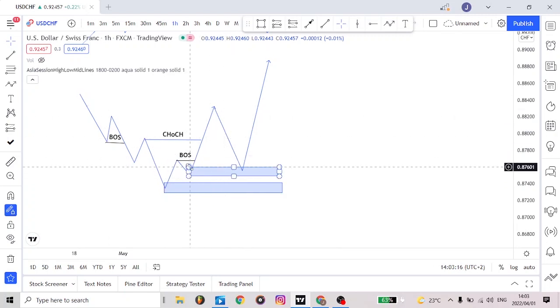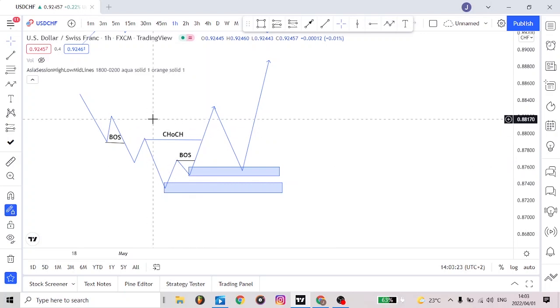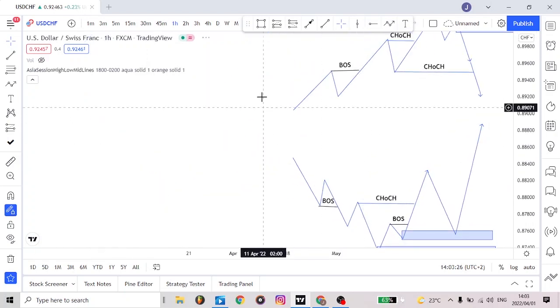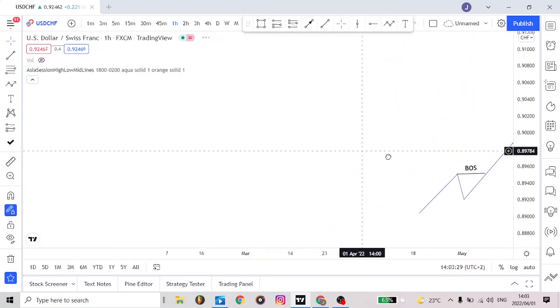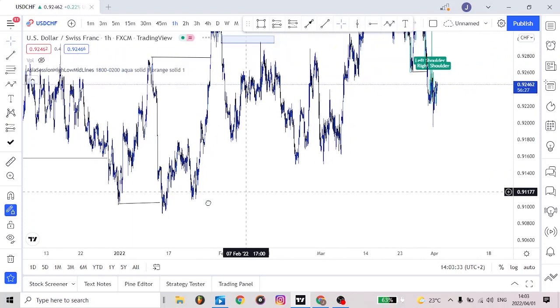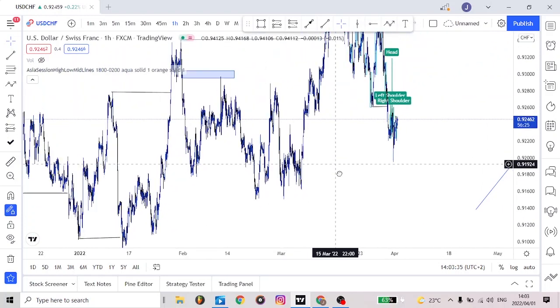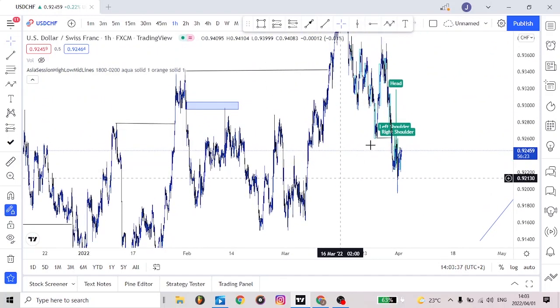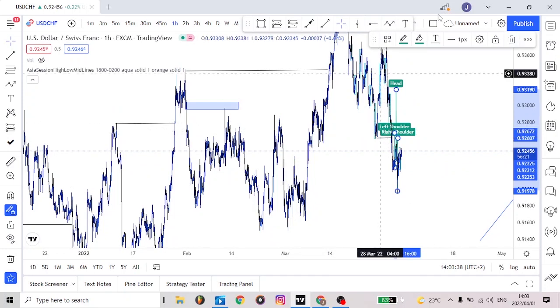Now let's go to the charts and try to find the change of character and also the flip, and also see how we can apply it to our trading. So we have the charts over here. Okay, let me delete this.